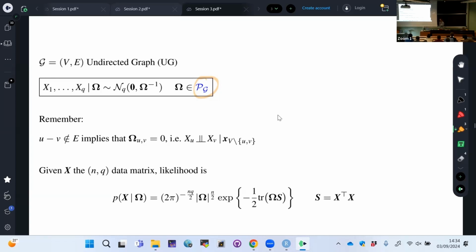So this is exactly the type of constraint that our G-Wishart prior must satisfy: 0 elements at the right positions depending on the structure of the graph.